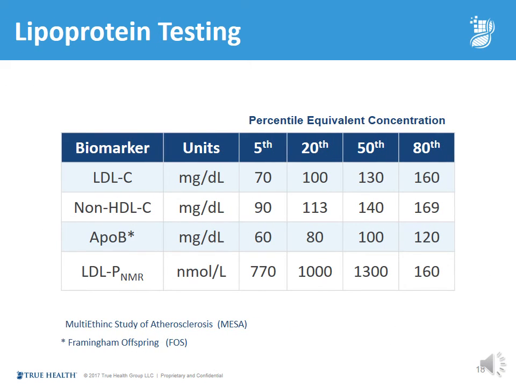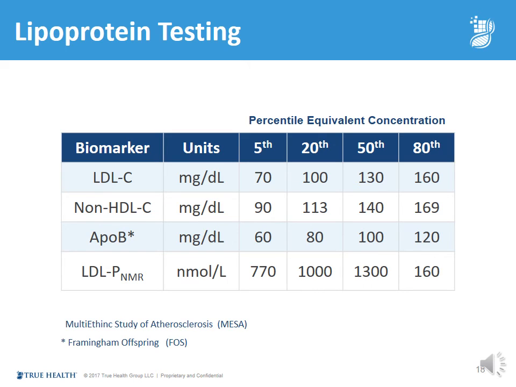With respect to lipid and lipoprotein metrics, I wanted to mention where some of these numbers or risk categories come from. All of these markers like LDL cholesterol, ApoB, LDL particle count have been measured in multiple epidemiological and clinical trials. And these numbers you see before you come from the Multi-Ethnic Study of Atherosclerosis, or MESA, or the Framingham Offspring Study.